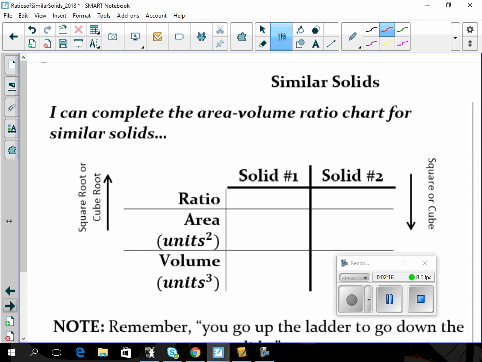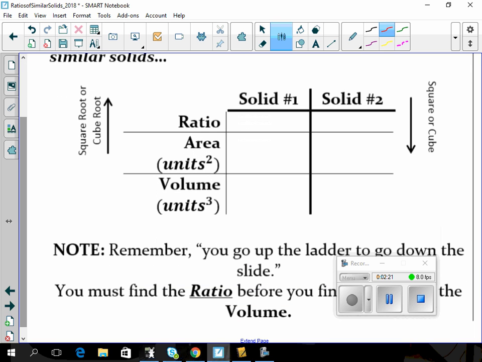So go ahead and open up your packet, and you should see this chart. We're going to work together on the next couple of pages. The very back page says homework, but it's really classwork. That's where you get your hole punch on your passport, okay?